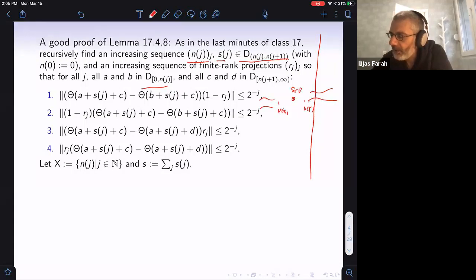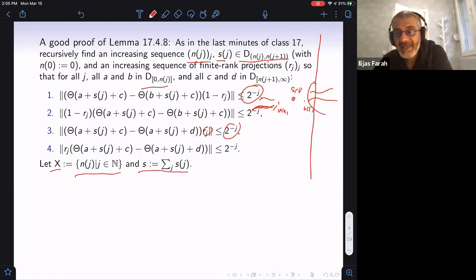If you change the part which comes before n_j, then the norm after doesn't change much, by at most 2^{-j}. And if you change the parts which come after n_{j+1} and keep this initial segment, then the norm below r_j doesn't change much. And now we just take X to be the set of n_j's, and s is the sum of s_j's.